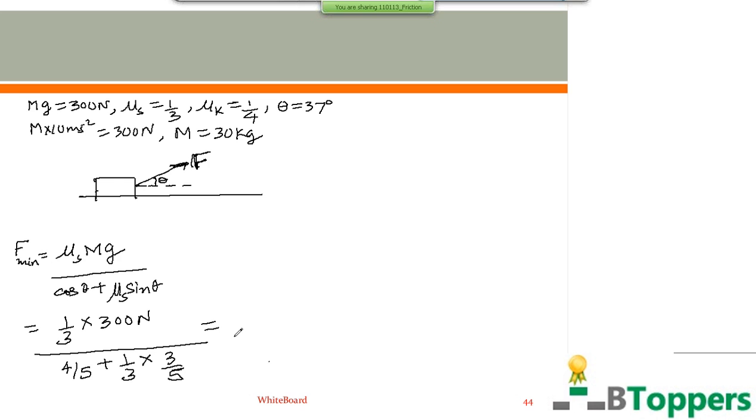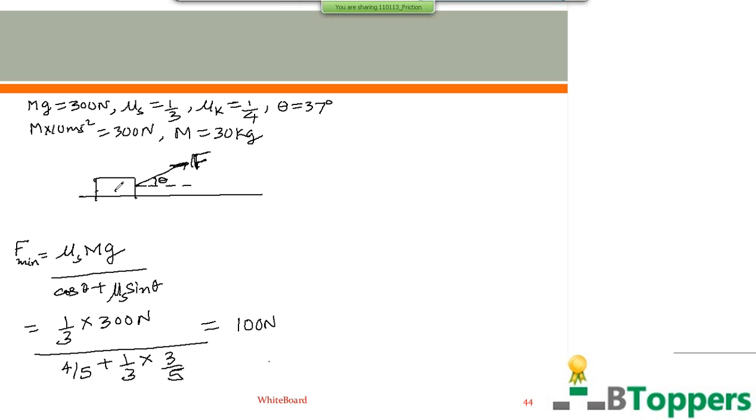If you simplify this, you get 100 newtons. That means the minimum pulling force required to just start the block moving is 100 newtons. Strictly speaking, the block starts moving only when the magnitude of pulling force applied on the block just exceeds 100 newtons.